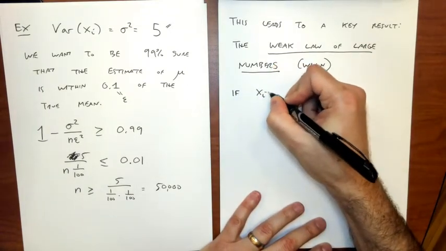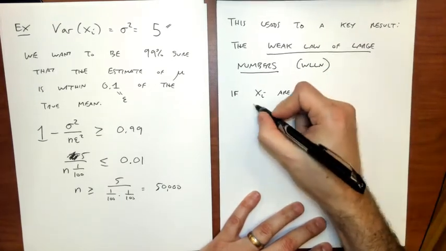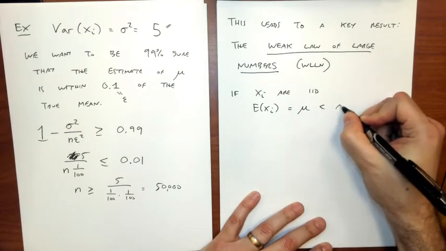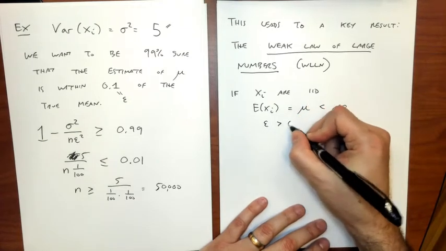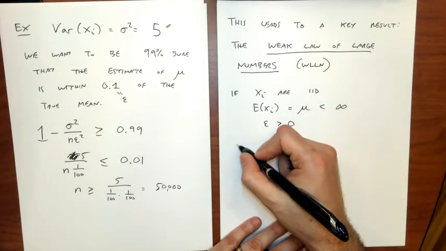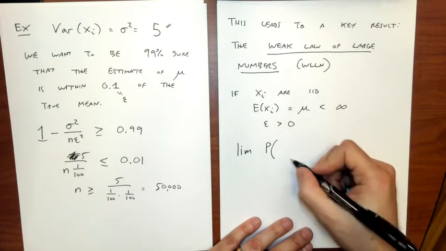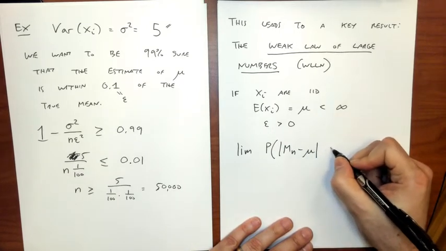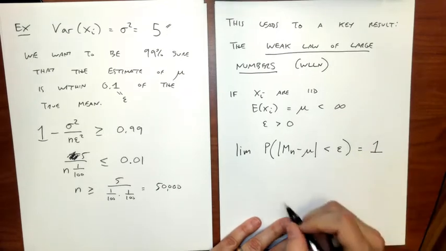If all my random variables are IID and the expected value is finite, which is always true for the kinds of things that we care about in this class, and for some value of epsilon, the weak law of large numbers says that the limit of the probability that the absolute value of M_n minus mu is less than epsilon equals 1.